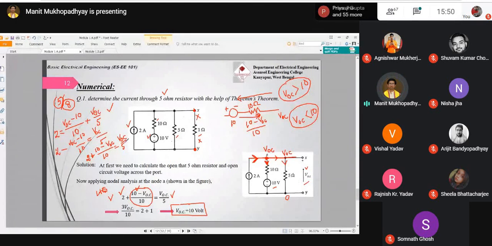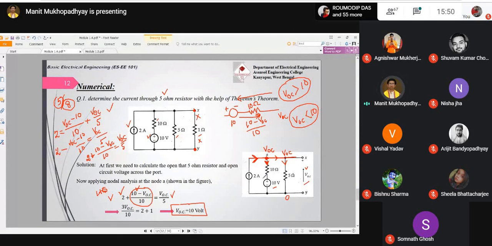Check. Both equations are correct or not? Yes, sir. Okay. Correct. Whatever be your assumption, you will get this equation every time.